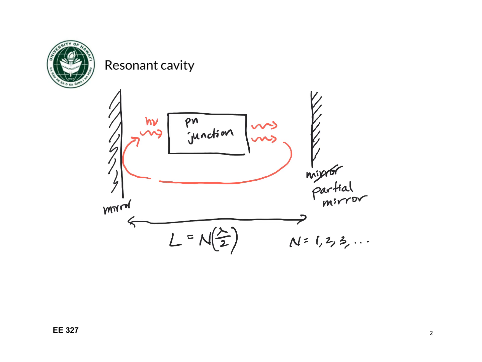This will allow some of the photons to go outside of the cavity, and this is going to be the light that you see from the laser. And this is the basic structure of a semiconductor laser.